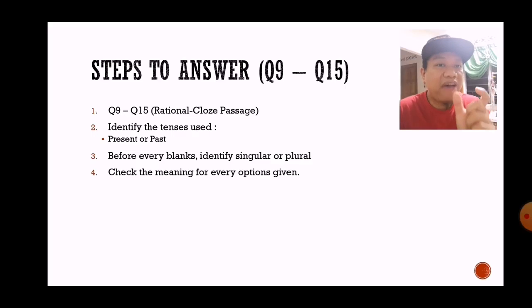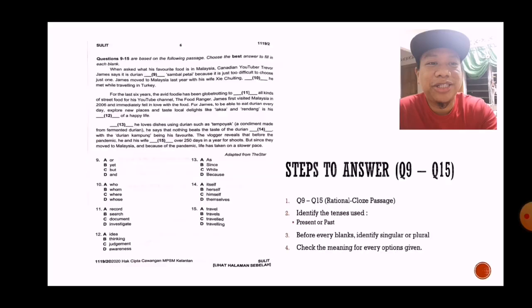Before or after every blank, you need to identify the tense, either present tense or past tense, and you also need to identify whether it is singular or plural. Next step is you need to check the meaning for every option given. So from A, B, C, D, please check the meaning.